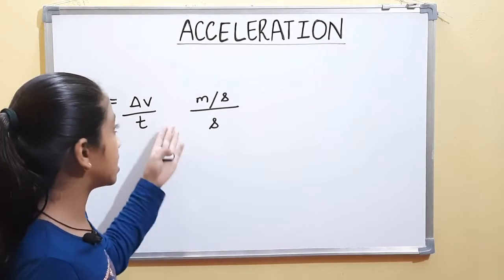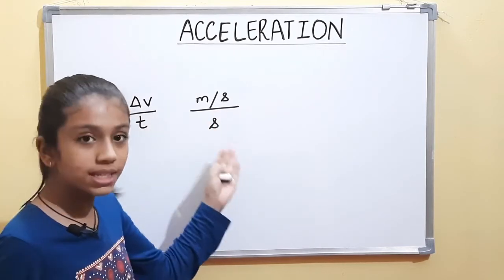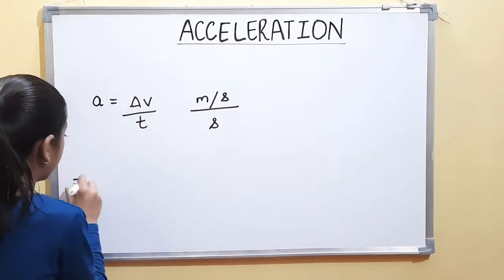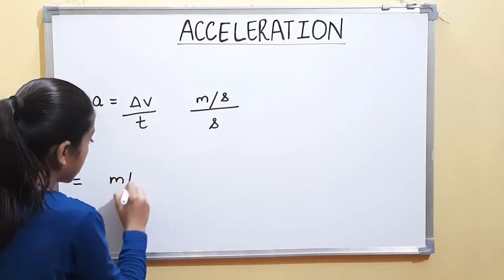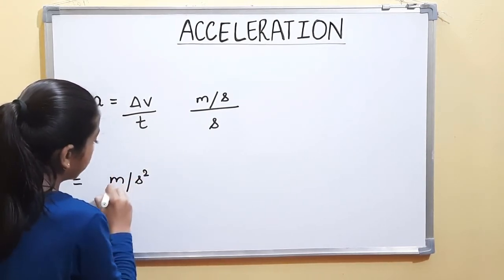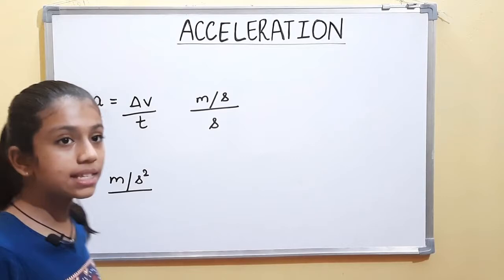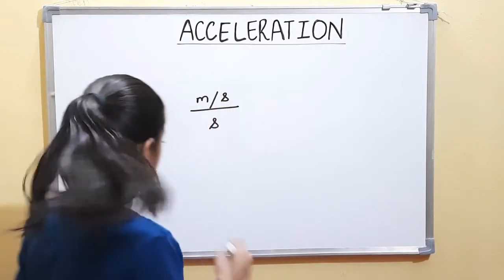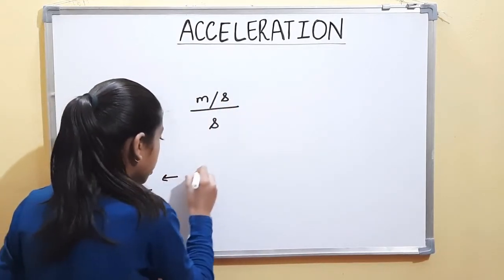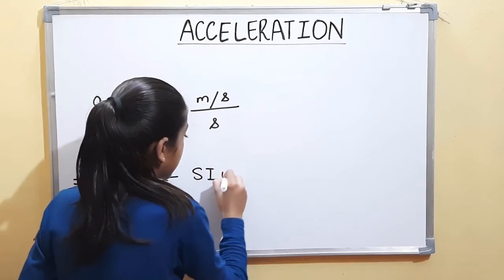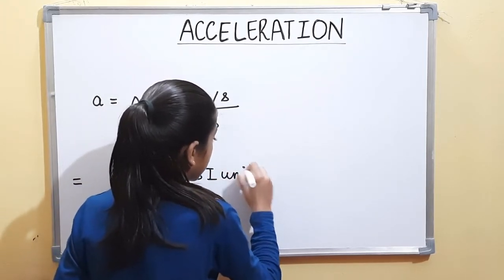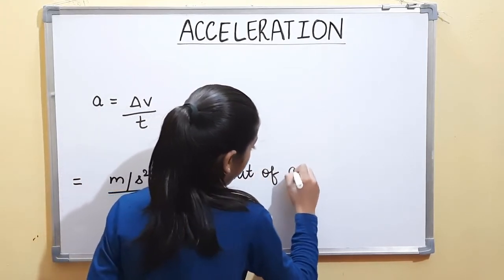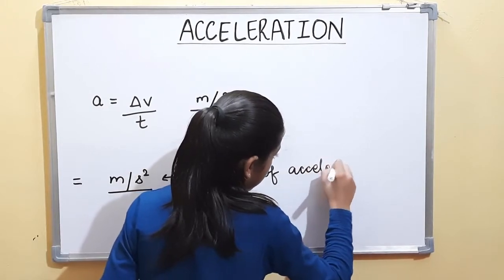So by solving this, meter per second upon second, it will come to meter per second square, and this is the SI unit of acceleration. I will write here the SI unit of acceleration.